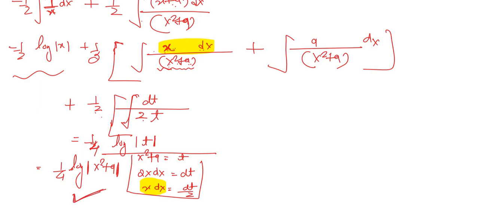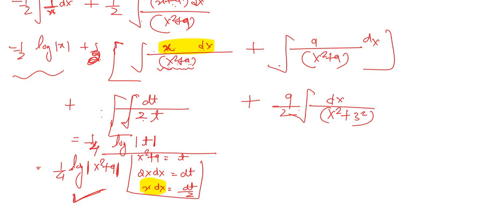Now how to do this part? Plus 9 by 2. See, this 2 I am taking inside, which is 9 by 2, so I am removing it from here: 9 by 2 into 1 by x square plus 3 square dx. Is it matching with some formula? If you remember, we had a formula for integration of 1 by x square plus a square.